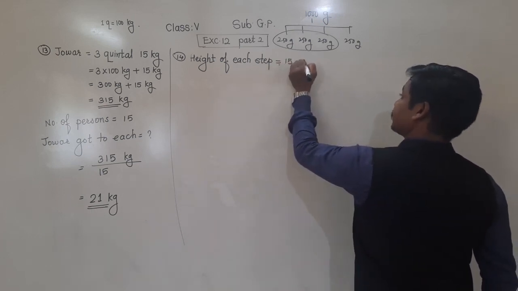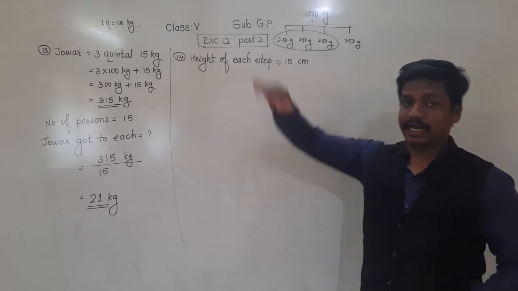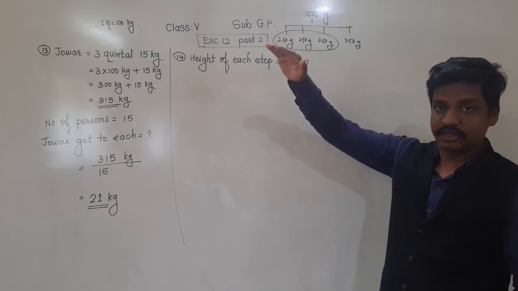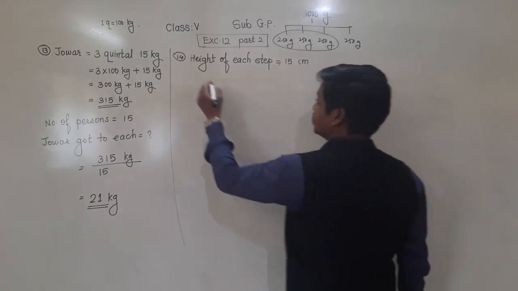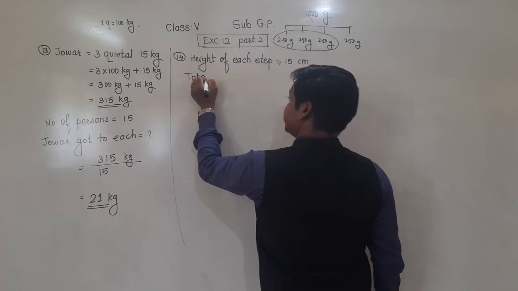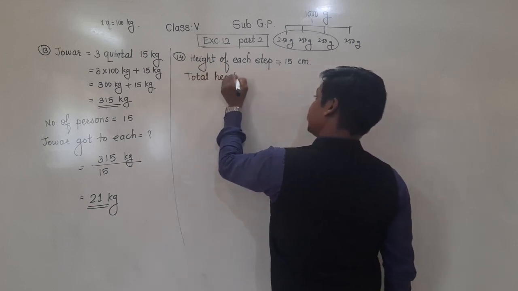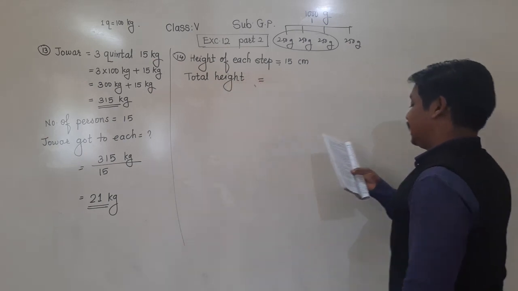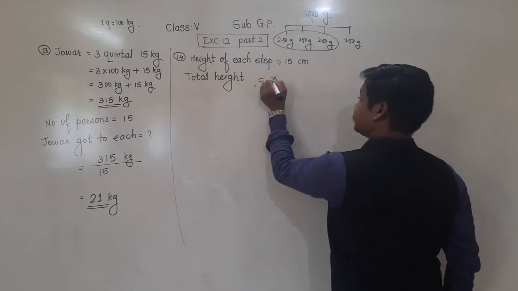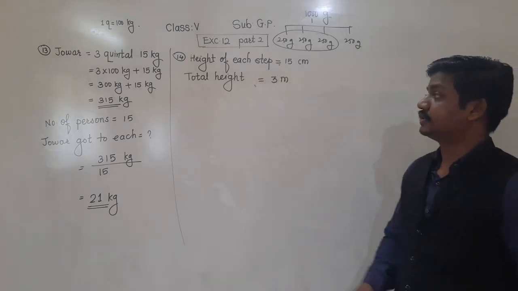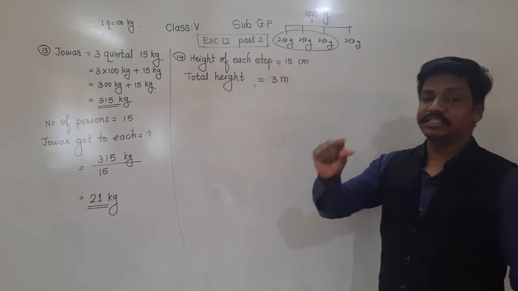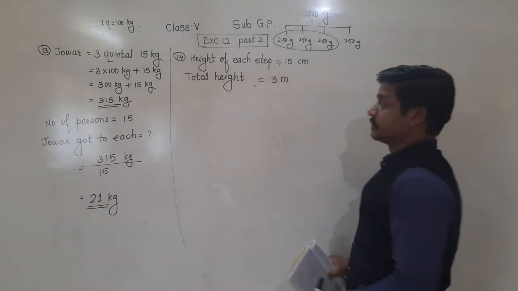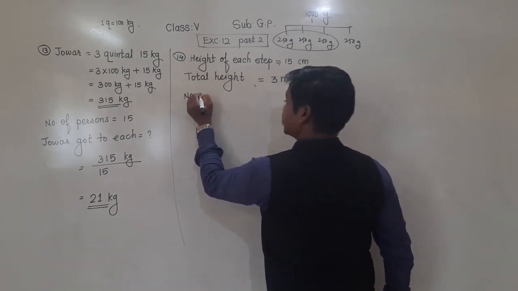And the total height of that staircase, that is the height of the first floor from the ground floor, the total height is 3 meter. Now see here, the height of each step is given and the total height is given, and we have to find the number of steps in that staircase.